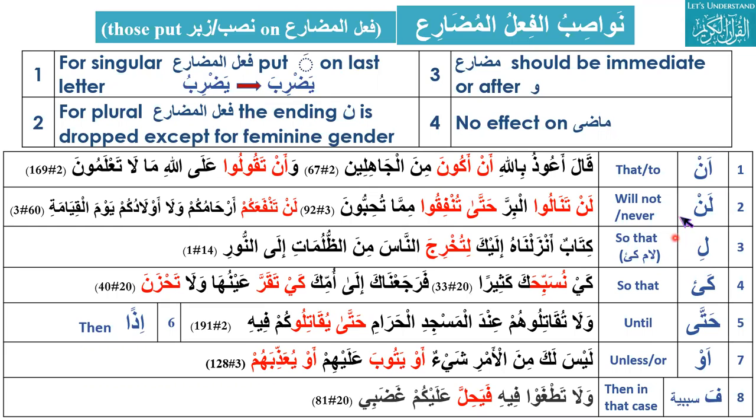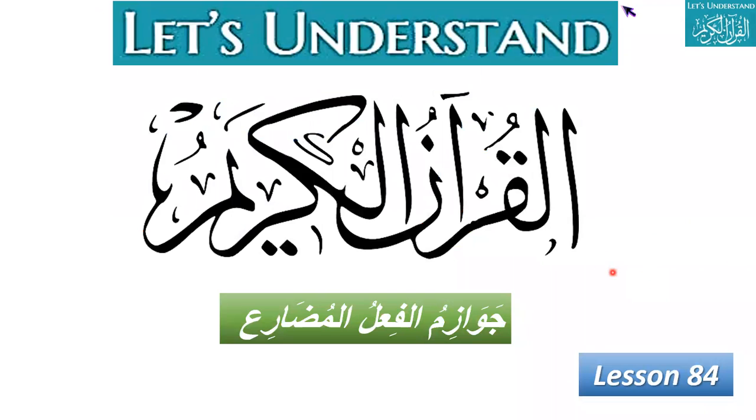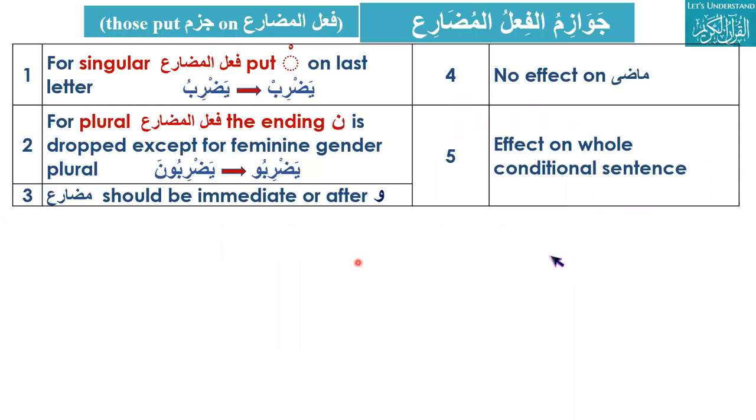So let's go to the next step. Today we are going to start jawazimul fi'lul mudari. Just here about the terminology, jawazimul fi'lul mudari, there will be some haruf jazm. What they will do, they make the fi'lul mudari as majzoom. How? Same case.